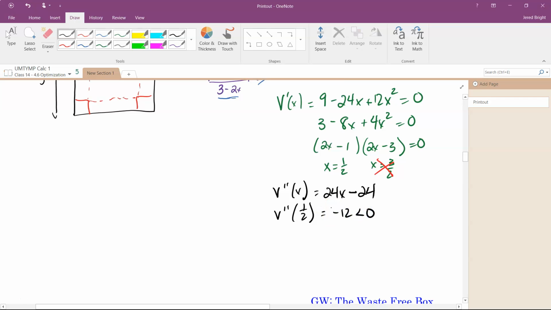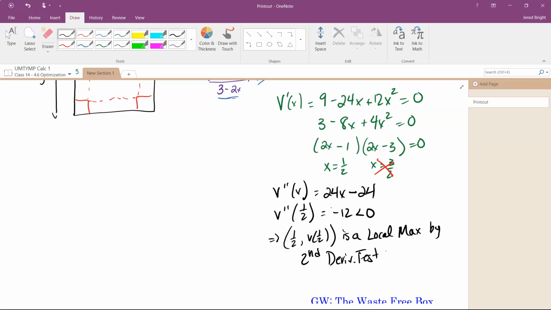So by the second derivative test, v of 1/2 is a local maximum. You do have to verify, even after you've found a critical number, that it is what you think it is, just to make sure everything is good.